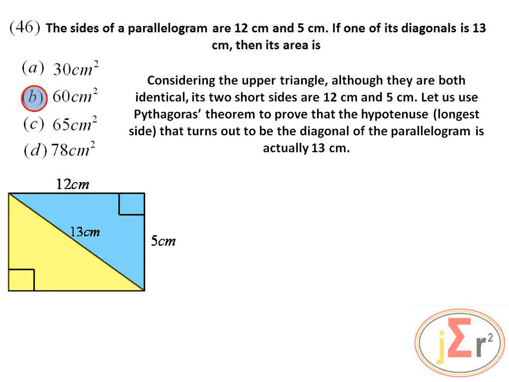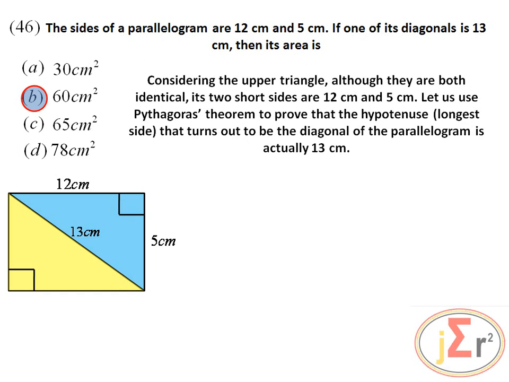Its two short sides are 12 centimeters and 5 centimeters. So let us use Pythagoras' theorem to prove that the hypotenuse, which is the longest side, will actually turn out to be the diagonal of the parallelogram. That is, it is actually equal to 13 centimeters.